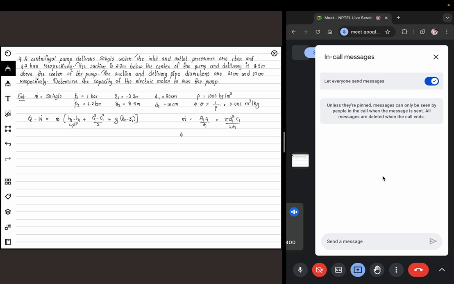So from this you calculate C1. Similarly C2.